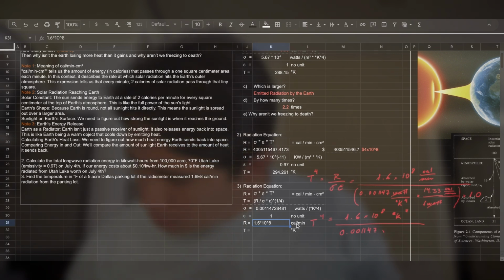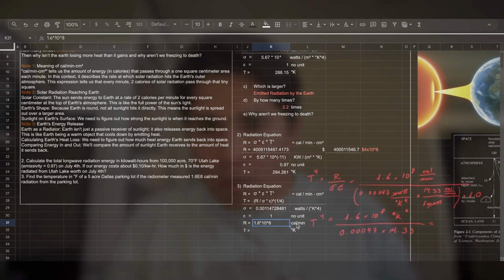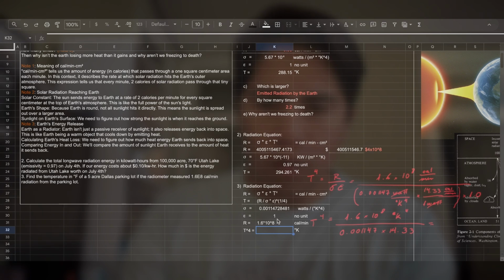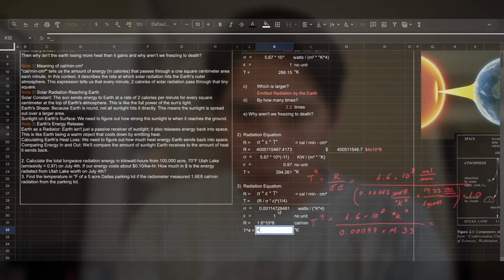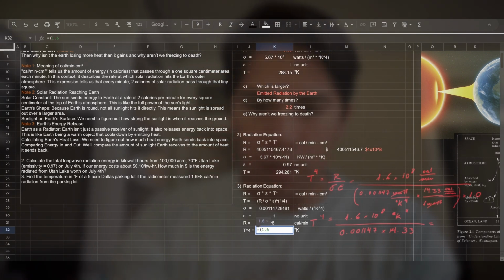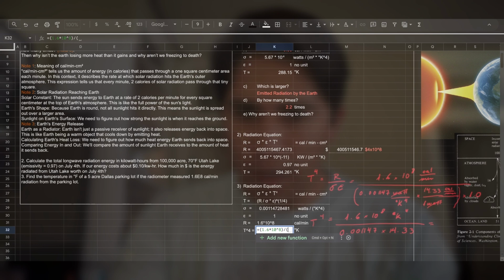Over 0.001147 times 14.33. So that's going to be, this is the T to the fourth. This is going to be equal to 1.6 times 10 to the 8 divided by this value multiplied by 14.33.